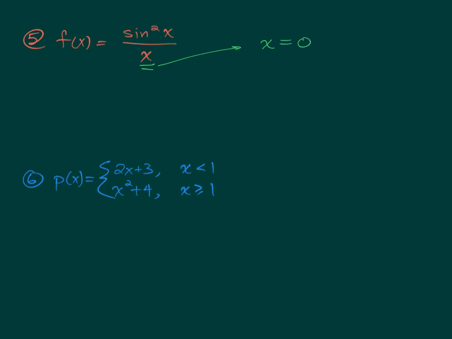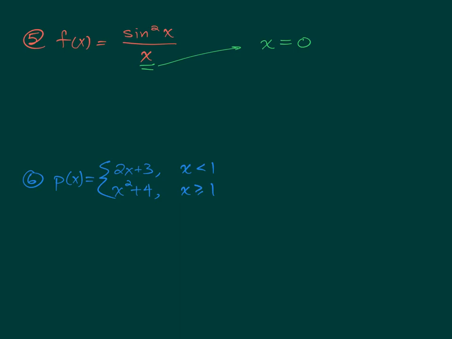Now, this is not a rational function. Again, there is a trig function involved in this fraction, so this is not a rational function. We must use limits to see whether or not the discontinuity at x equals 0 is removable or non-removable.